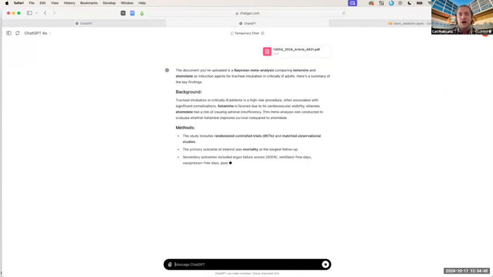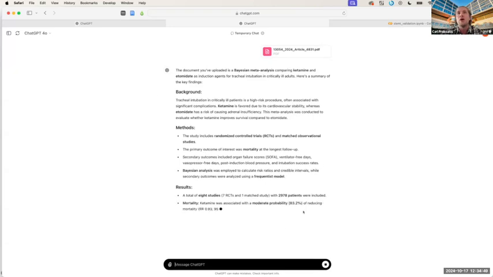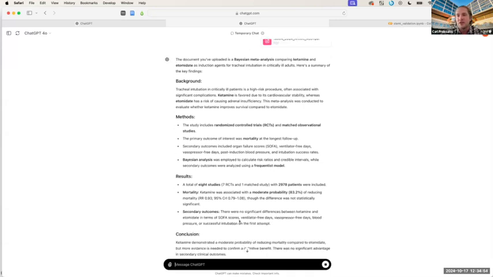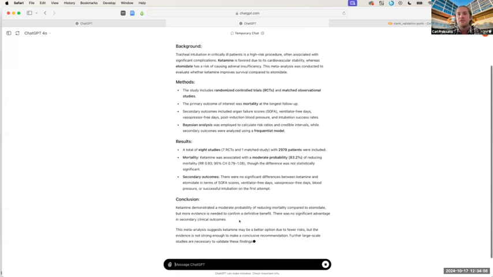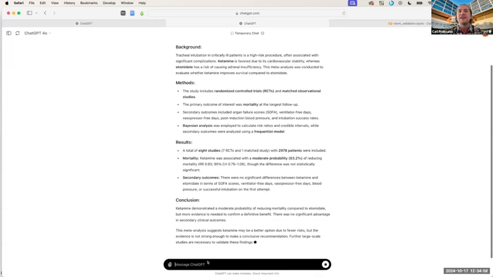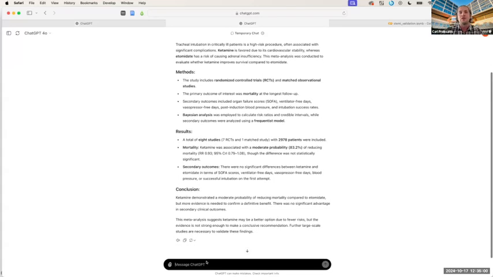But the way I talk about augmentation is, I really would like to know this paper uses Bayesian meta-analysis. And if you're a medical student or a resident, you might not be familiar with all of the techniques. And you could ask the model, I'm not too familiar with Bayesian, can you give me an overview?